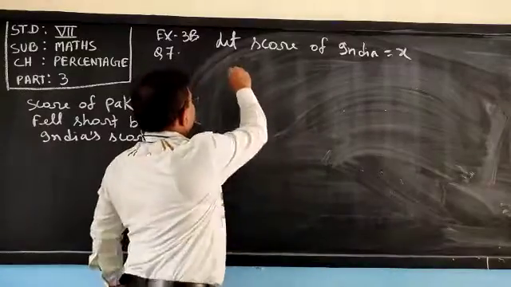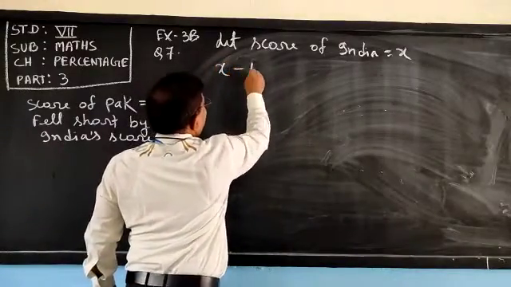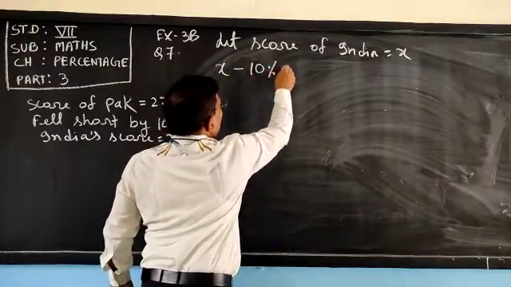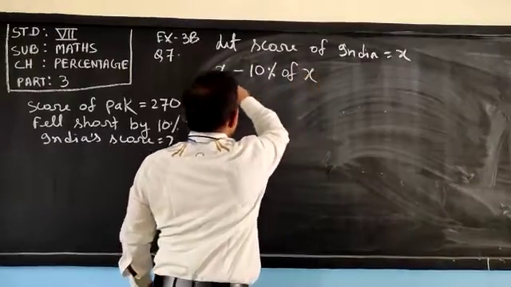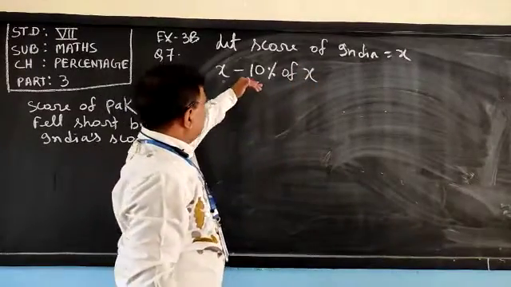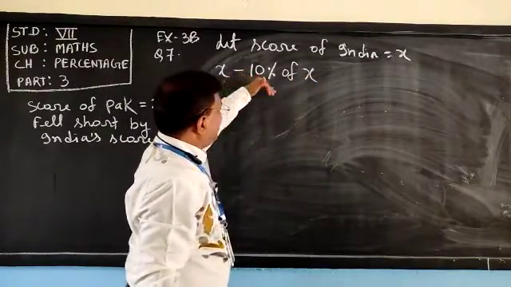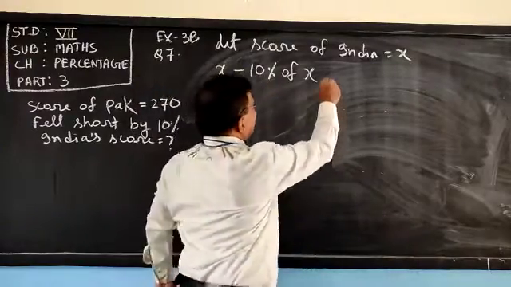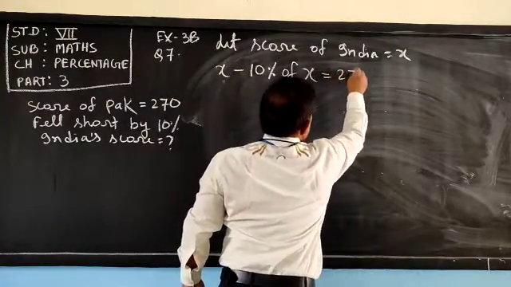It means X minus 10% of X is Pakistan's score.